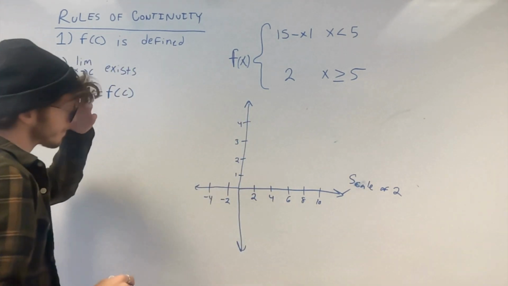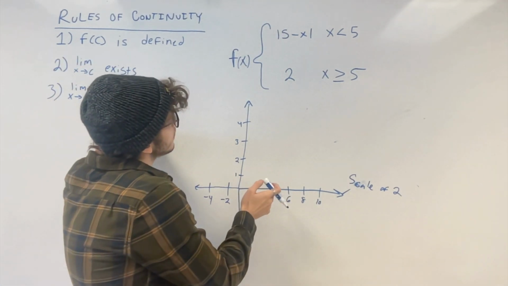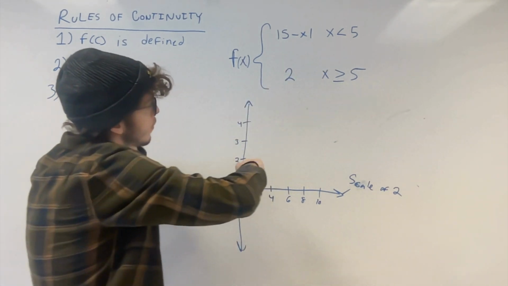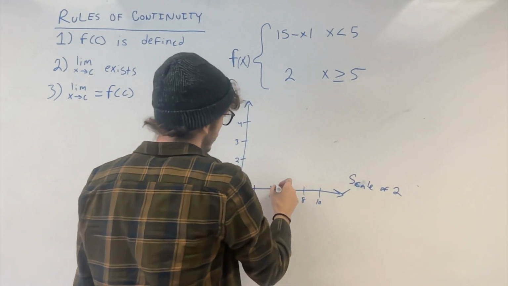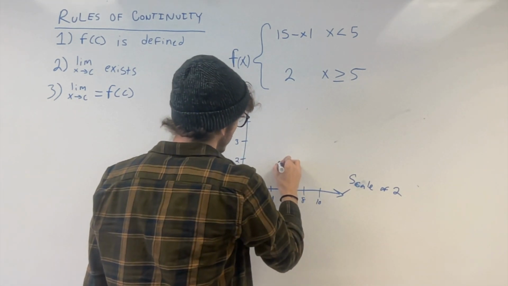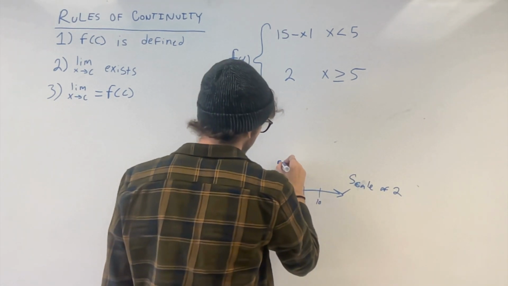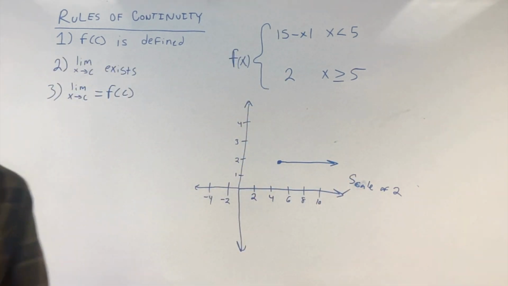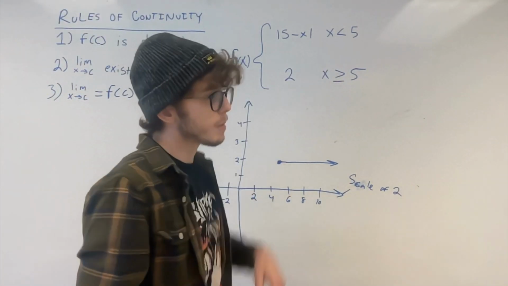Alrighty, so let's get right into it. Before we get to the rule for values less than 5, let's just do the easy part. At 5 and onwards, we put a closed dot to indicate that the value is defined, and it follows a linear path that way with no slope. Now let's get into the second part of the piecewise function.